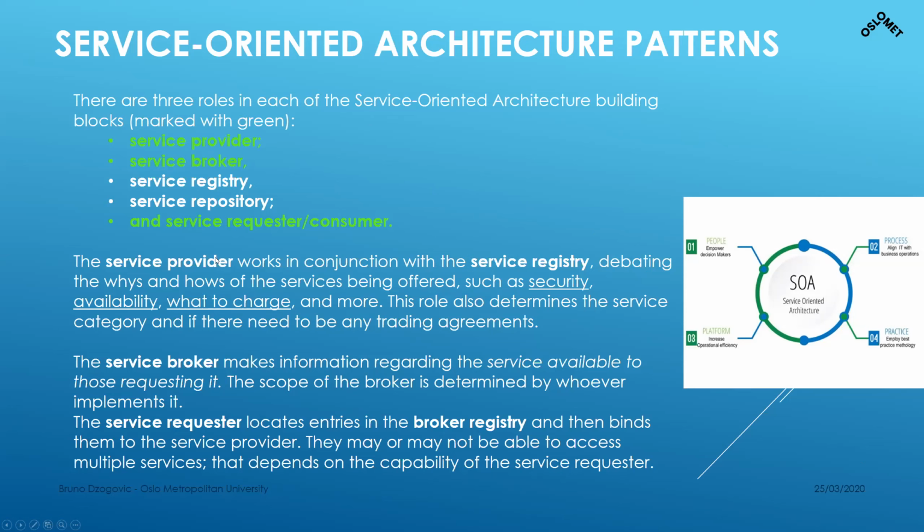It's explained, as you can see here, that the service provider works in conjunction with the service registry, debating why and how services are going to be offered, the security and stuff like that. The broker actually makes information regarding the service available to those who request it. So it's an intermediary in this situation, and the requester is the one who utilizes the services. So this is the cycle.